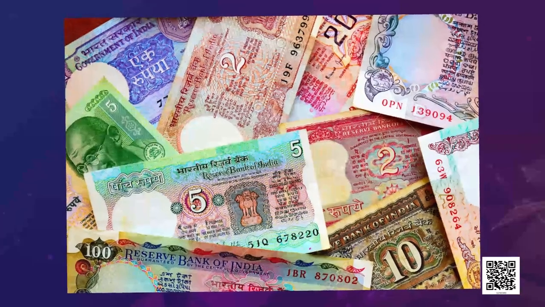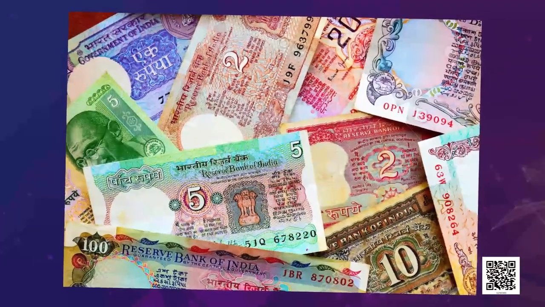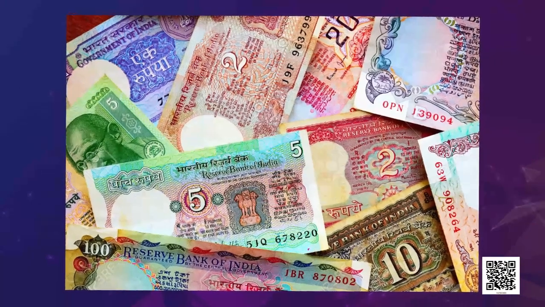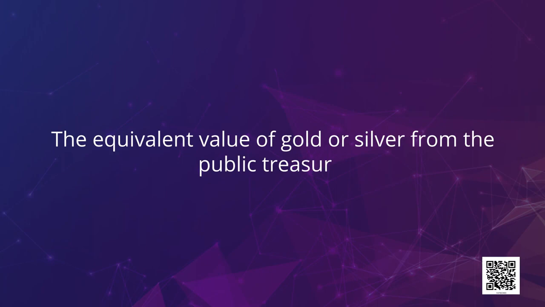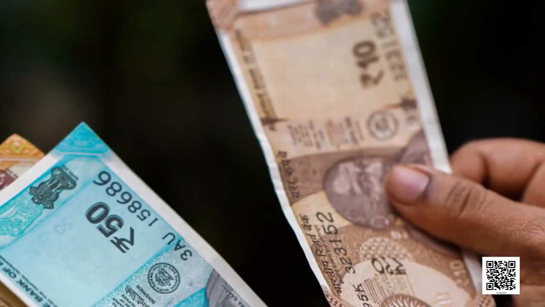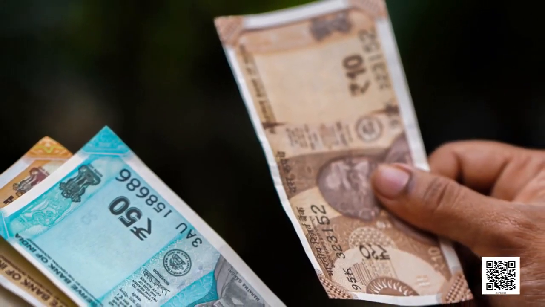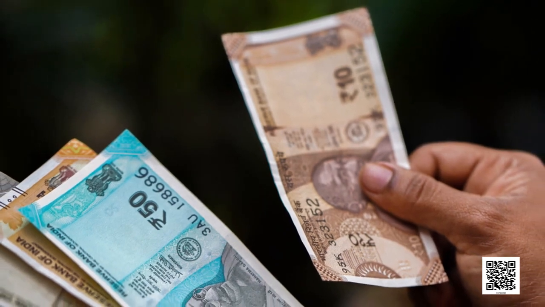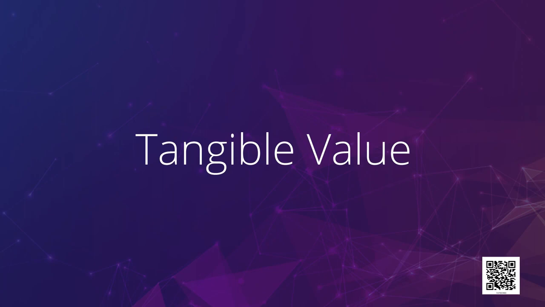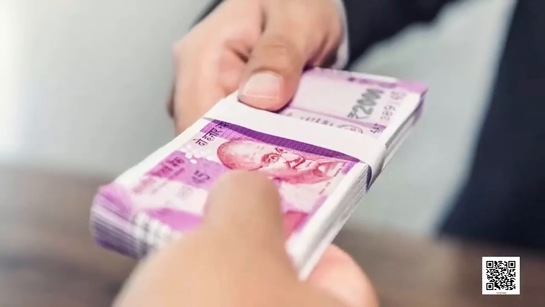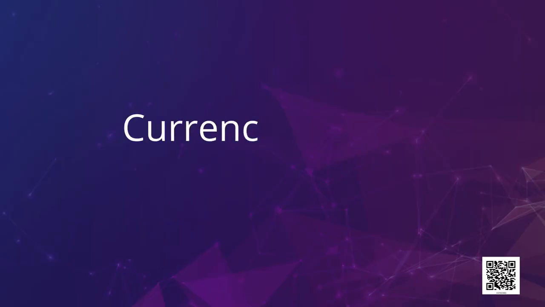Paper money solved this problem as it bore a promise to pay its possessor the equivalent value of gold or silver from the public treasury. Soon, it no longer mattered that paper money was not backed by anything of tangible value, and it was simply accepted as a medium of exchange currency.